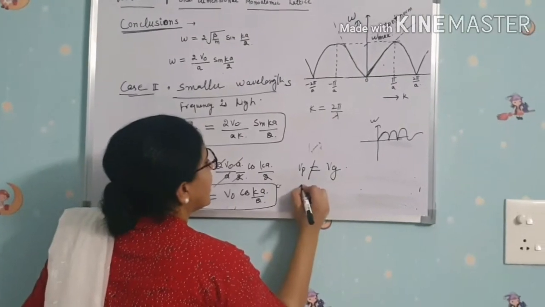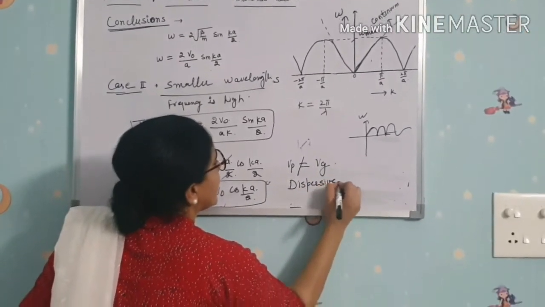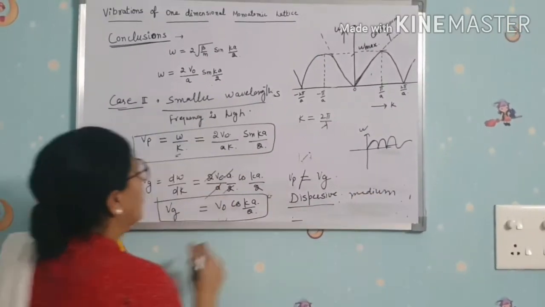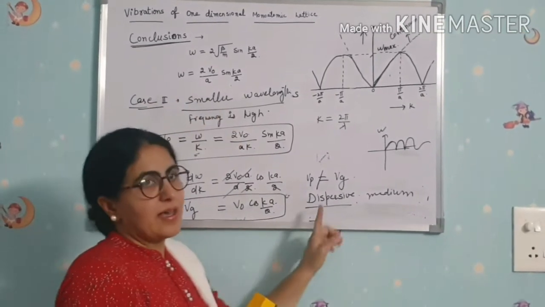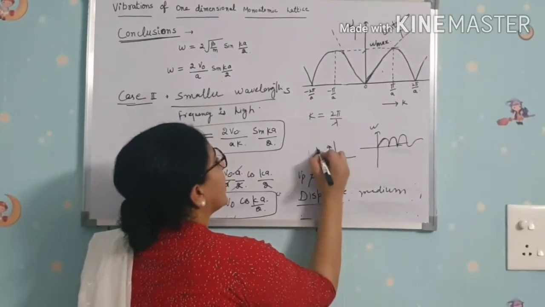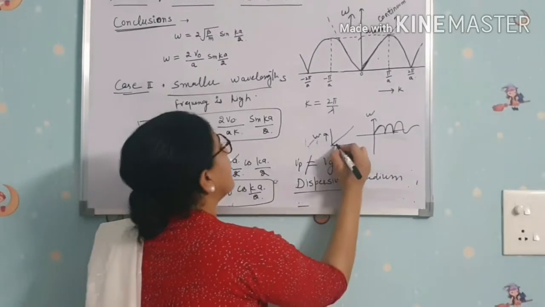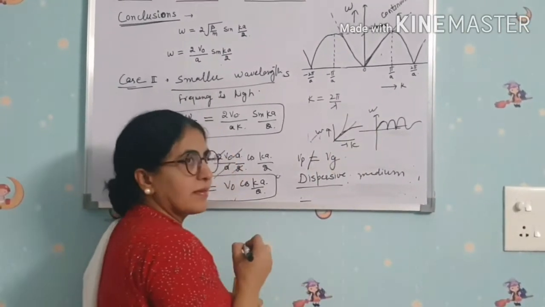So the medium is dispersive. So in the second case, for smaller wavelengths, the medium is dispersive. And the curve between omega and k, this is for a non-dispersive medium. It is like this or like this.